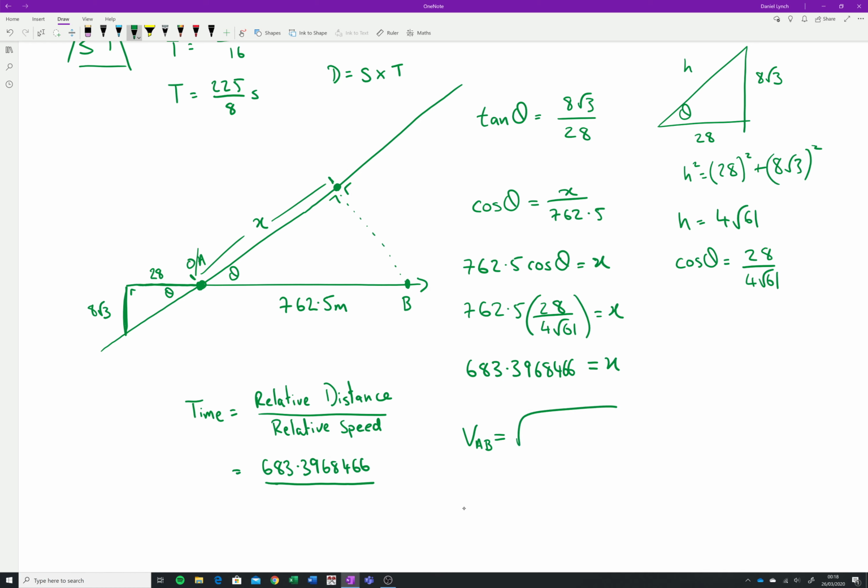So we know that it is the square root of, and in fact I suppose we may as well write it down in here while we're at it. What's it moving? It's moving over 28 and it's moving down 8 root 3s. Now it's up to you. You can put in the minuses, but of course they're just going to be squared anyway. Squared plus (8 root 3) squared.